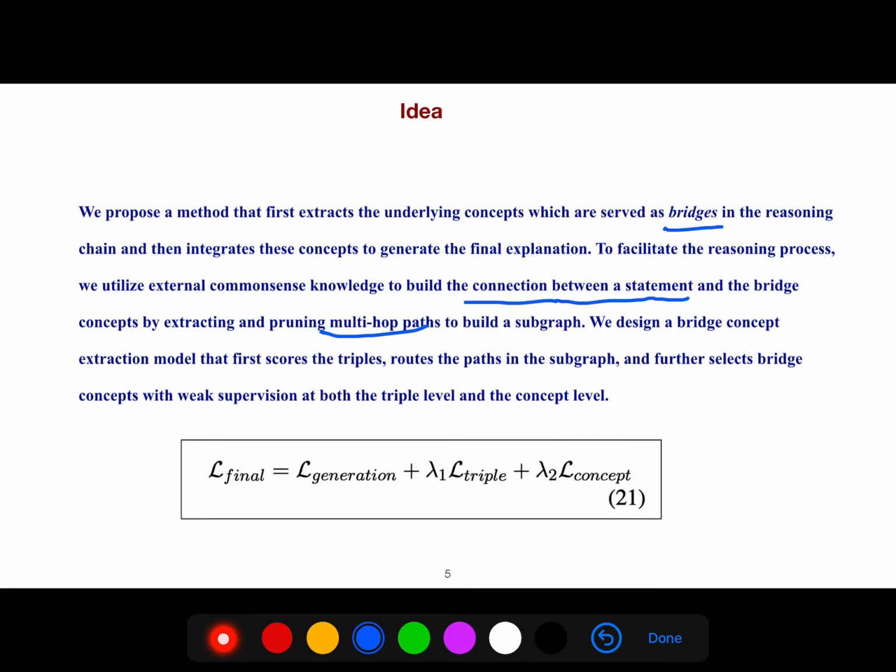We design a bridge concept extraction model that first scores the triples, routes the path in the subgraph, and further selects bridge concepts. Each of them has a loss. So this is the overall loss. Generation of that should be correct. You should find those bridge concepts like here, and also those node, edge, node relation, node triples should have a low loss as well.